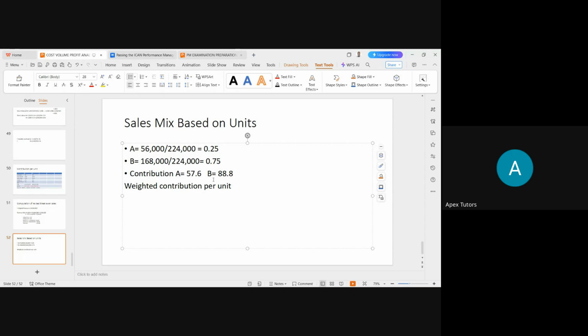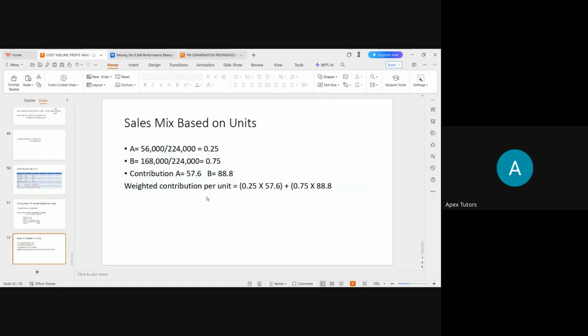So the weighted contribution per unit in relation to the sales mix will be 0.25 multiplied by 57.6 plus 0.75 multiplied by 88.8.